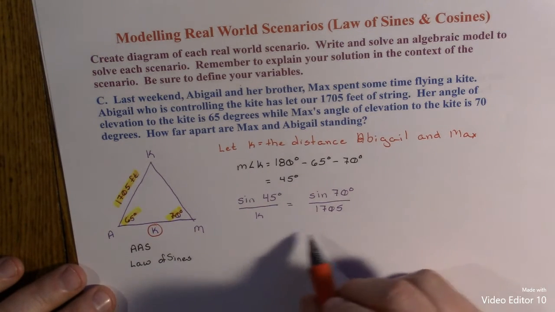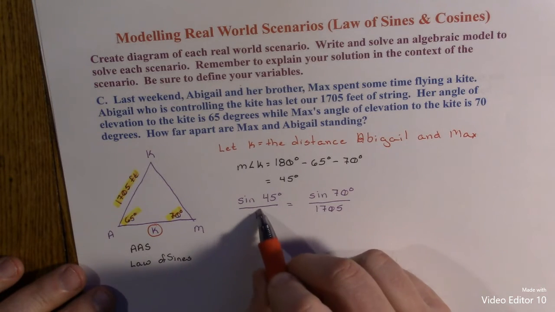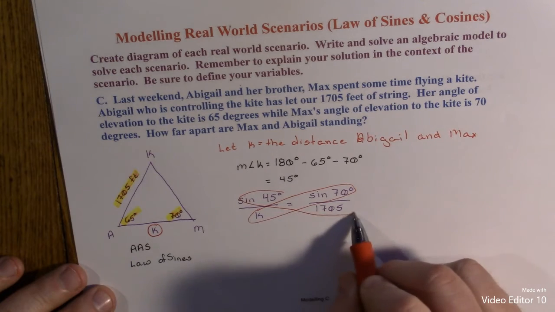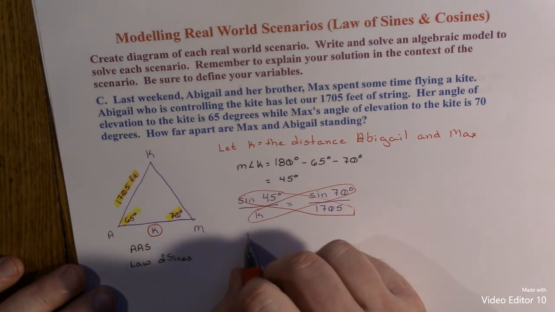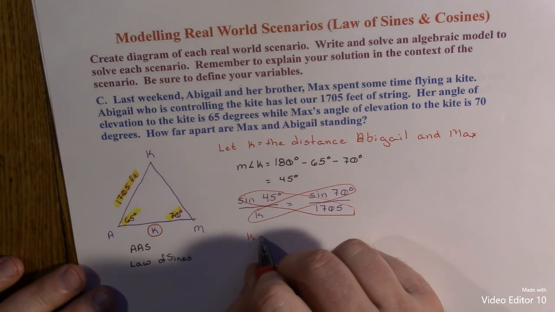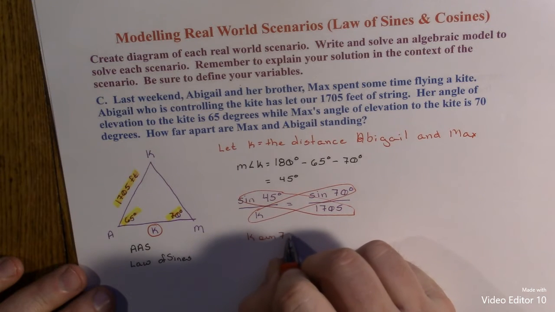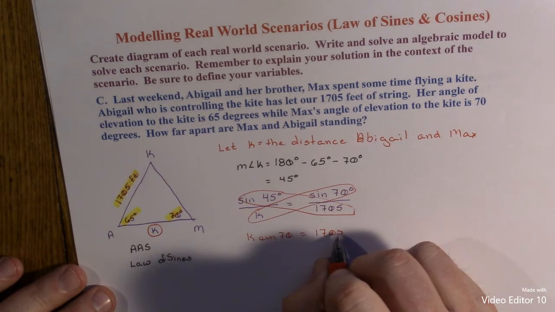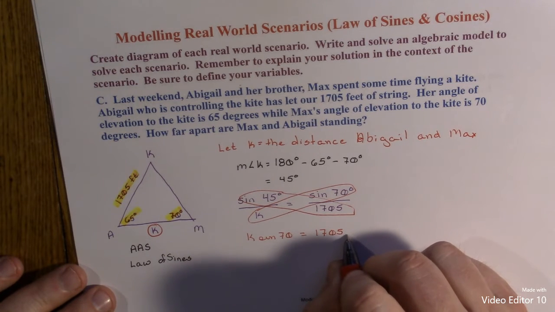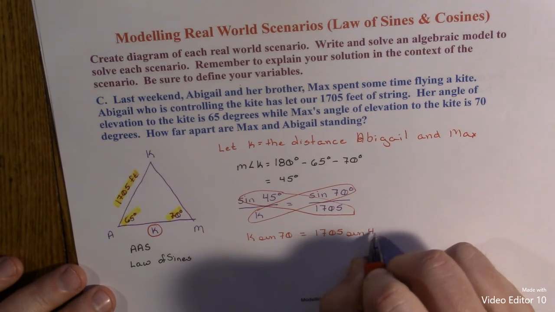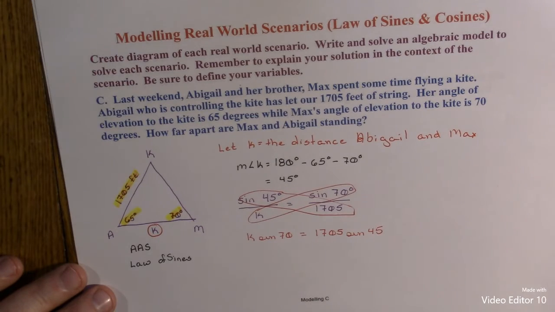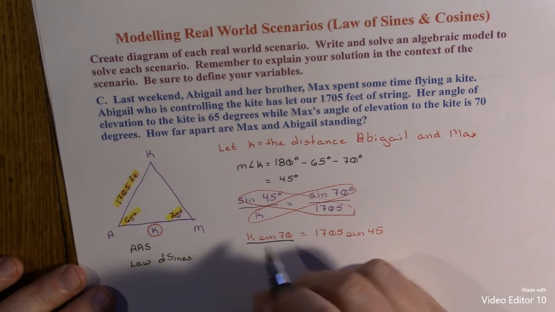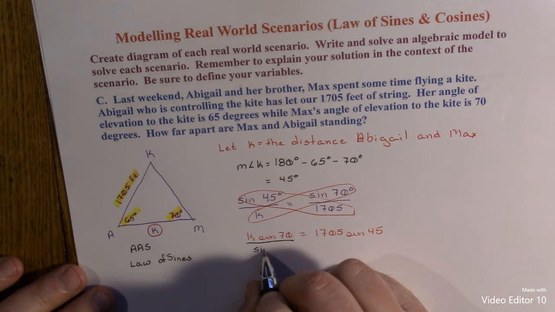We have 2 ratios. To solve for K, we will use cross products. So K times the sine of 70 will equal 1,705 times the sine of 45. We want to solve for K, so we will need to divide away sine of 70.